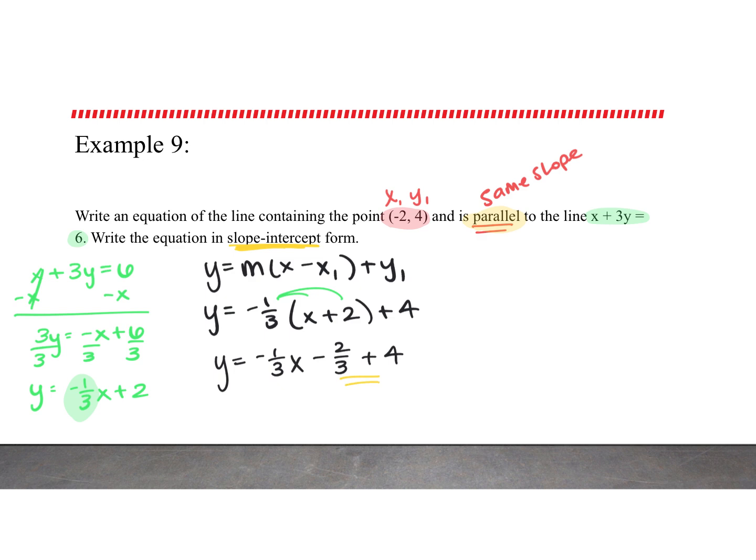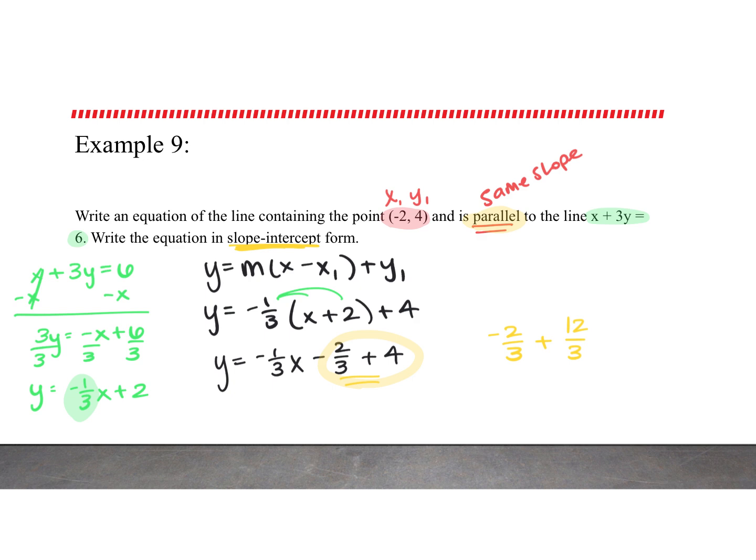Now keep in mind, with a fraction and a whole number, you do need to get common denominators. So I'm just going to pull this off to the side for a minute just to refresh our memory right here. Off to the side, -2/3 plus 4. But I want 4 instead to be something over 3.